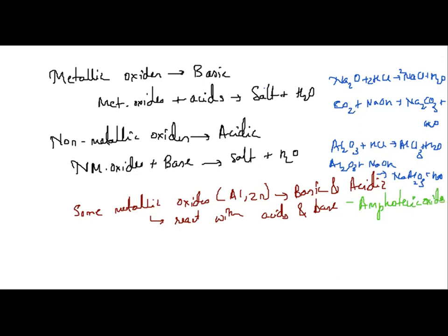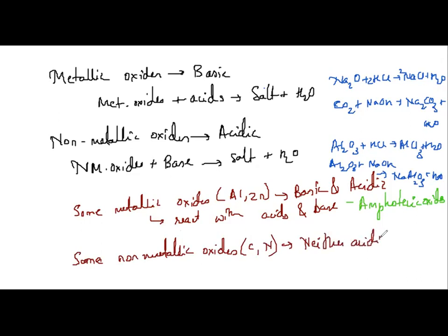And there are some non-metallic oxides, say oxides of carbon and oxides of nitrogen, which are neither acidic nor basic. They do not react with acids nor bases. So they are neutral oxides.